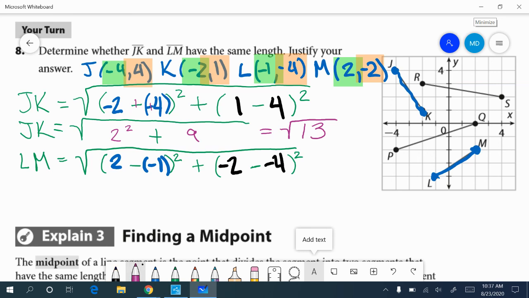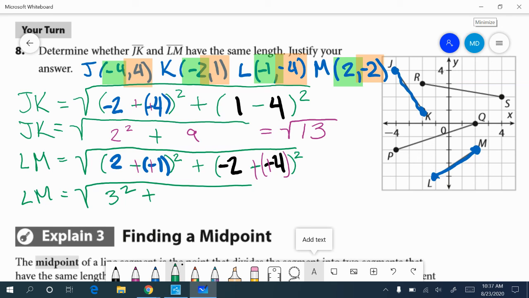And I got to simplify this. Well, a negative and a negative. I kind of forgot to throw in my parentheses here for good notation. Drop a line, change the sign, adding the opposite. All right, so let's clean this up a little bit. LM equals the square root of 2 plus positive 1. That's 3. 3 squared. Plus negative 2 plus positive 4.